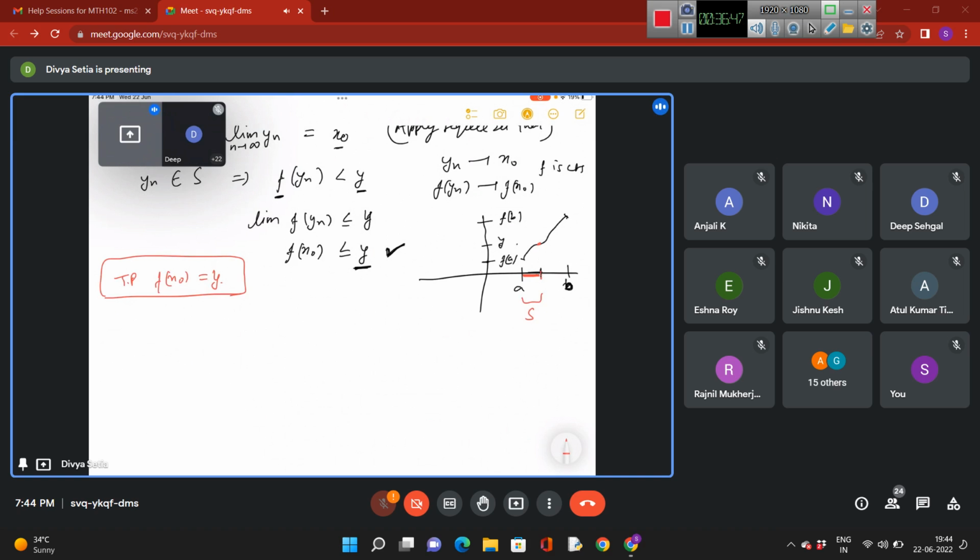So now how will you prove that y is less than or equal to f of x naught?